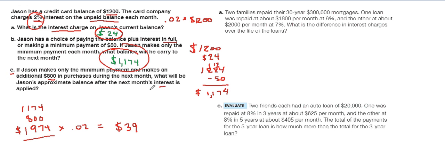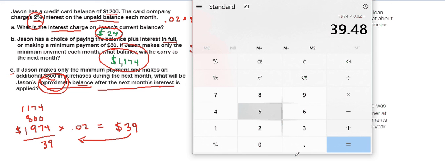What do I do with that? Add the next month's interest on to his new approximate balance, because I just rounded this. Add 39 to 1974. Oops, not $19.74.